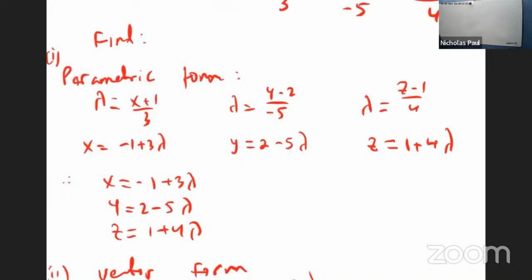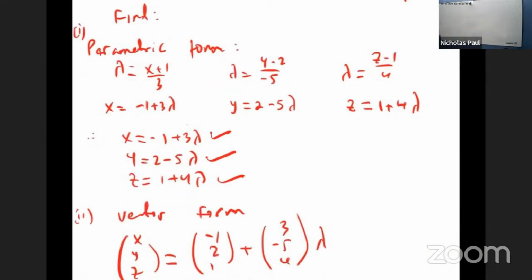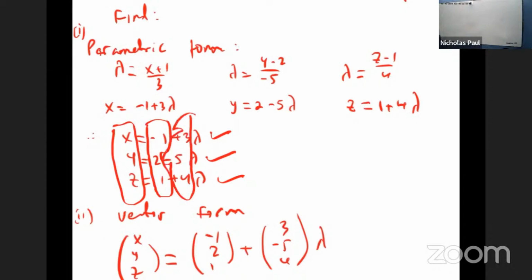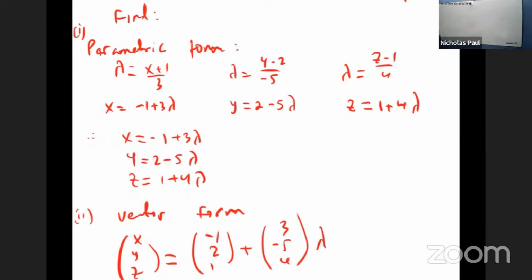And then to go to vector form, once you write it neatly, this is your r, this is your a, and this is your b. Right? So you'll end up with, if you write it neatly, (-1, 2, 1), that's the A. And then you have plus 3 lambda, -5, plus 4.